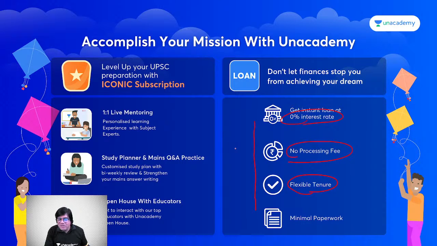So if you want to become an IAS officer and don't have sufficient money, this is high time to avail of this loan facility as well. There is also the Iconic subscription: by paying some extra amount, you can avail of live mentoring, a study planner, and open house with educators. I think these are great facilities offered by Unacademy at a very reasonable price.